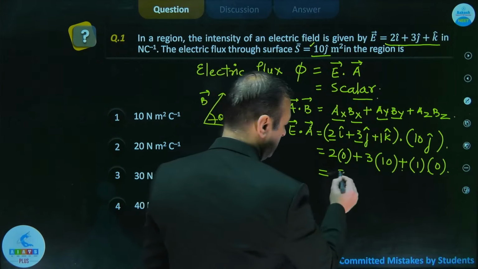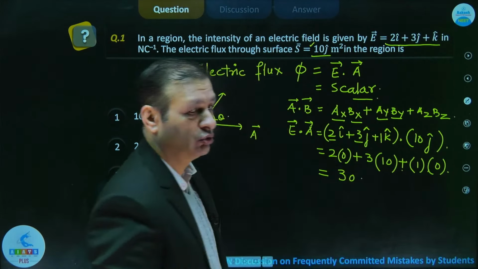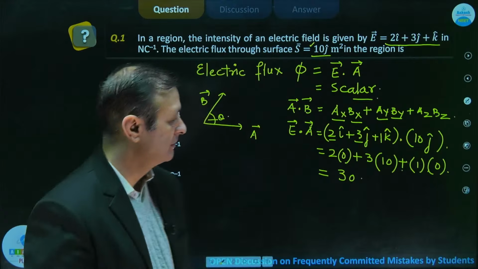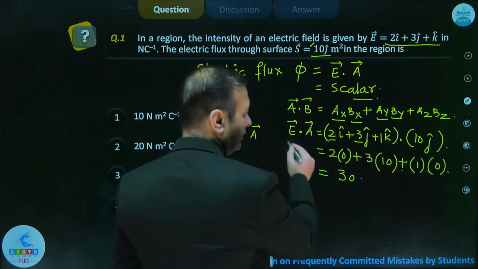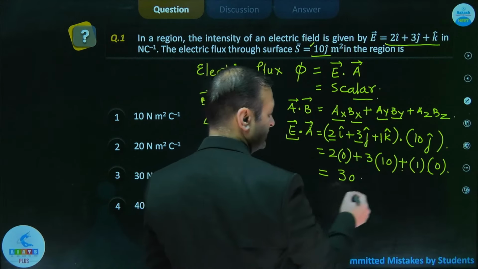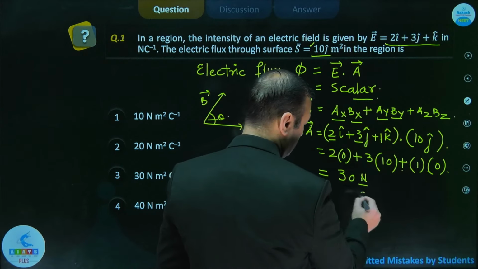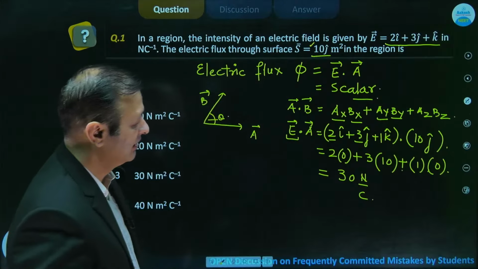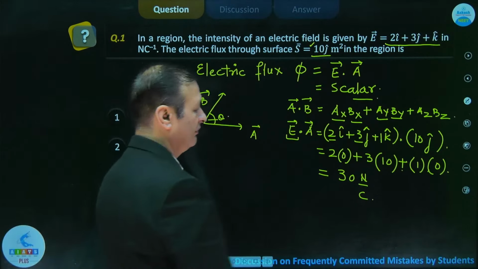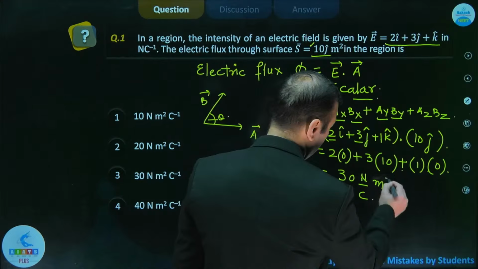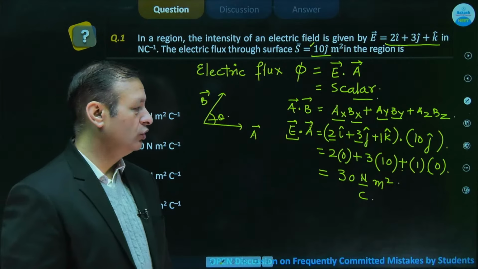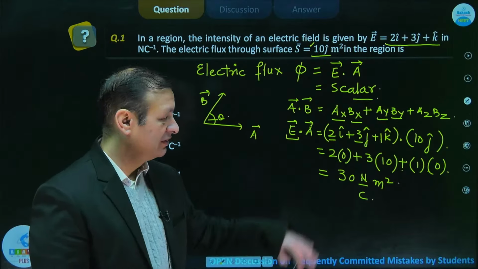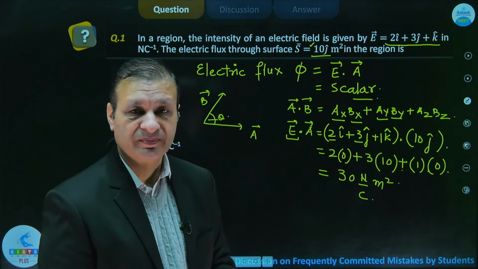So when you multiply it, it gives you the numerical value as 30 only. Now flux is E dot A. So if you write down the SI units, this is Newton per coulomb, that is the SI unit for the electric field, and for the area vector it is meter square. So 30 Newton per coulomb into meter square, that is the exact answer we have.